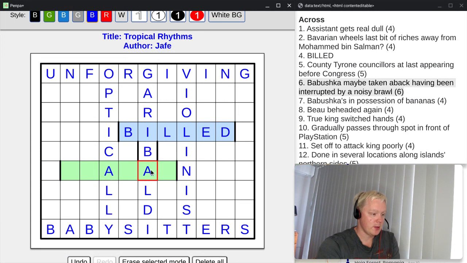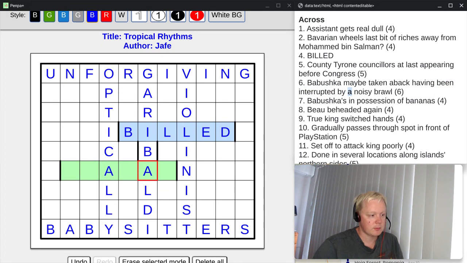And now, for the first time, we have two crossing letters for an answer before solving it. So let's see. This is 6 letters with 2 A's in the grid. Babushka may be taken aback, having been interrupted by a noisy brawl. Something interrupted by something. So if this A interrupts something, you put A inside the other thing.